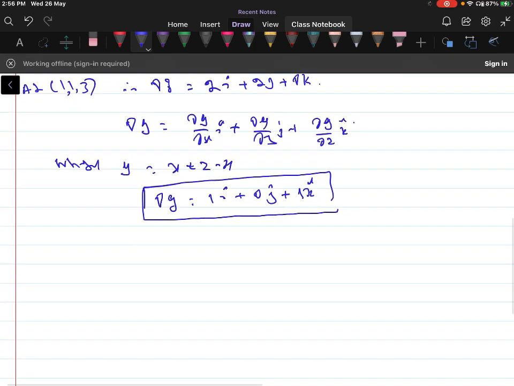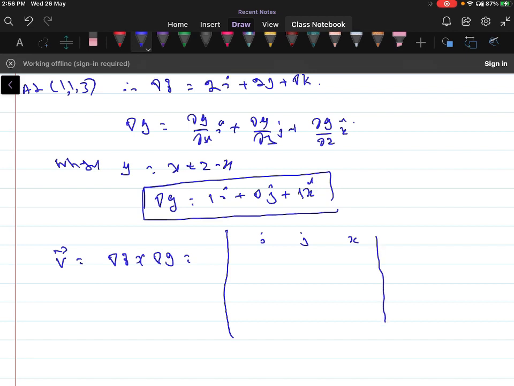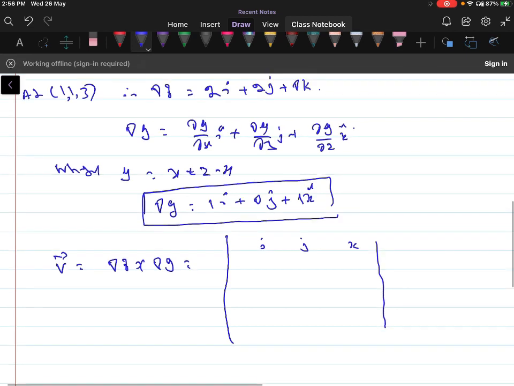So let us find v, where v is equal to gradient of f cross gradient of g. That can be written as: in the first row i, j, k; gradient of f components 2, 2 and 0; and gradient of g components 1, 0 and 1.